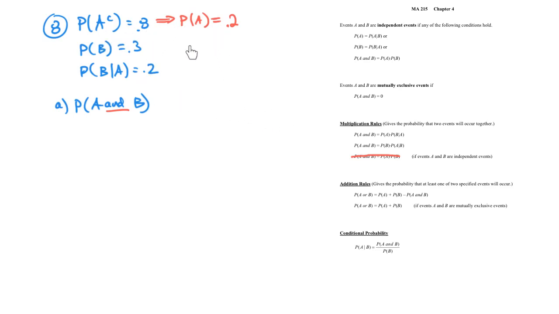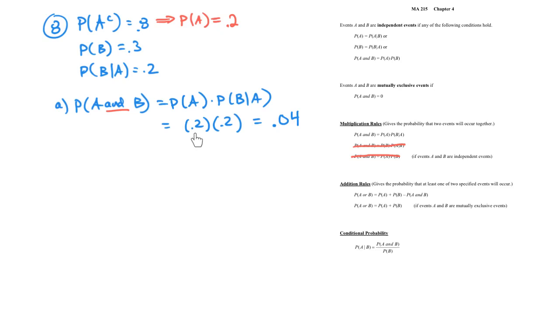With that, now we've got everything for this first one. We don't know the probability of A given B, so I can get rid of that one. But now we're ready to go. This is going to be the probability of A times the probability of B given A. The probability of A is 0.2, and the probability of B given A is 0.2, which gives us 0.04. 0.2 times 0.2 is 0.04.